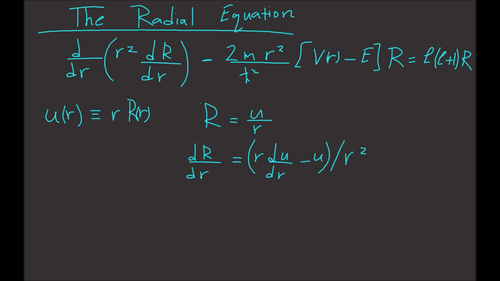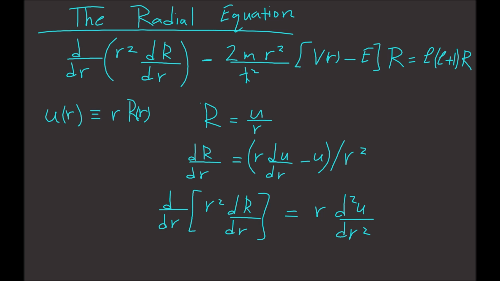The reason I'm going to take two derivatives is because I have here one derivative and then I'm taking another derivative of it, so I need that. So let's take another derivative of this guy: d/dr of r squared dR/dr. Let's take this and substitute this piece in here and see what we get. We're going to get r times the second derivative of u with respect to r. So now we have all the pieces.